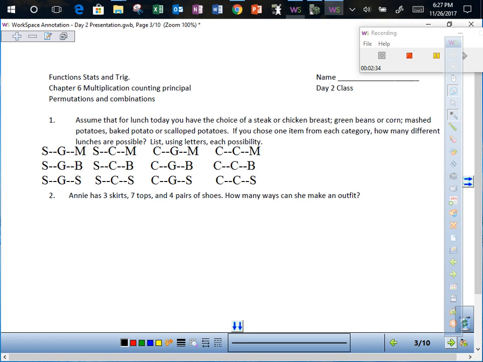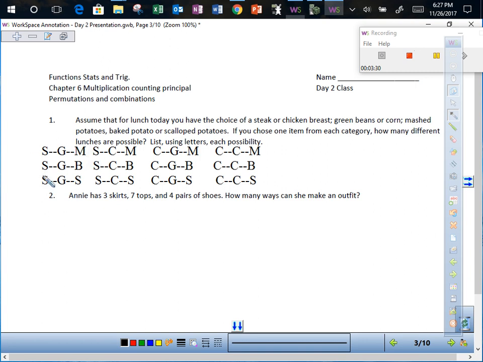Well, guys, what I've done on here is I've already listed every possible combination that we could have. Here's what my letters stand for. You could pick the steak, and then green beans, and then mashed potatoes. That's one possible meal. A different meal would be right below it.